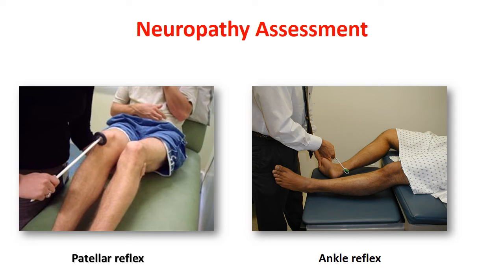And please, we don't need to wait until the patient comes to you with loss of ankle reflex, because this is a very late condition. Our aim from the screening is to detect our patient very early, just as he gets the loss of protective sensation, to protect him from the different types of injuries related to this loss of protective sensation.